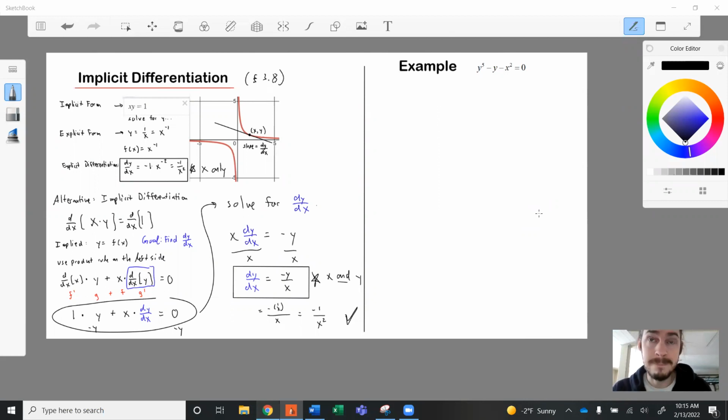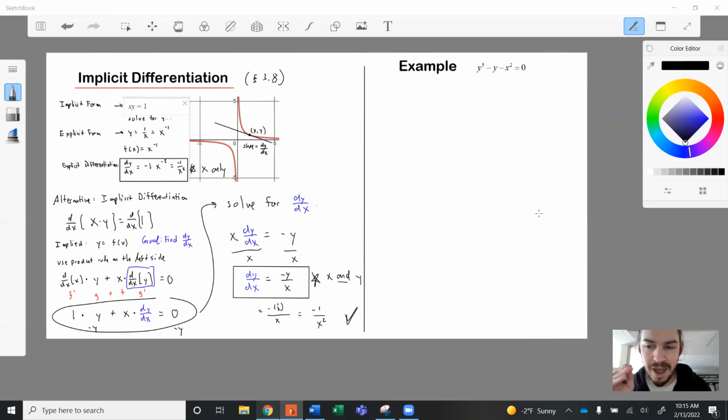An example of that is a 5th degree polynomial. You know how we have the quadratic formula, which basically shows you how you can solve for the solutions of any quadratic equation, right? You can find the zeros of any quadratic function. There's also a cubic formula and a quartic formula for degrees 3 and 4.